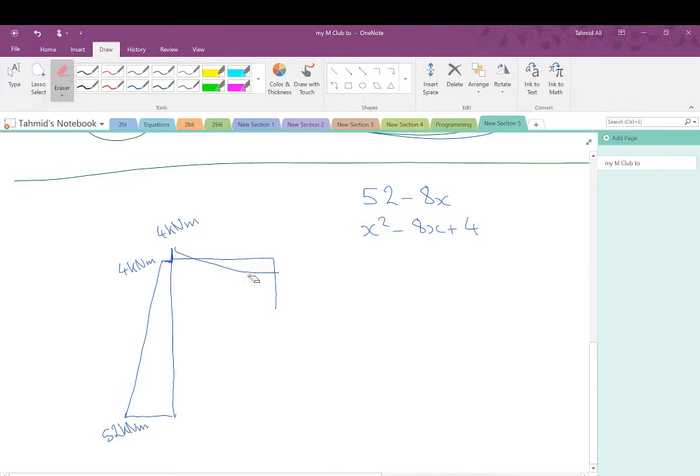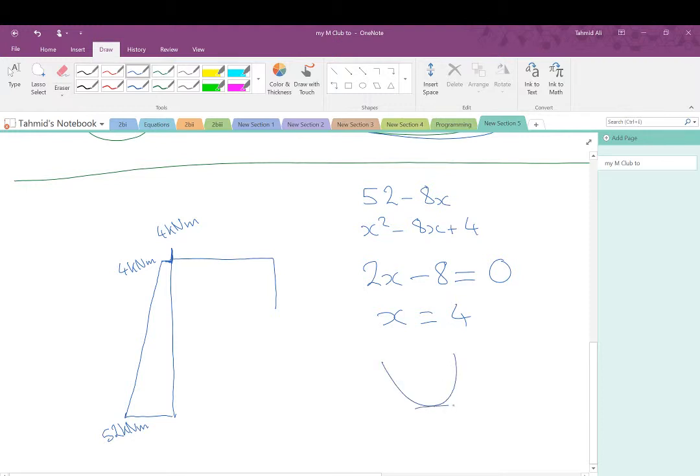One way to find out, you can guess this in the exam, but I wouldn't if I was you, just to be sure, is to differentiate this. So I'll get 2x minus 8, and I'll find the maximum point. The maximum point is when I equal this to 0, and x is going to be 4 when the maximum point occurs.